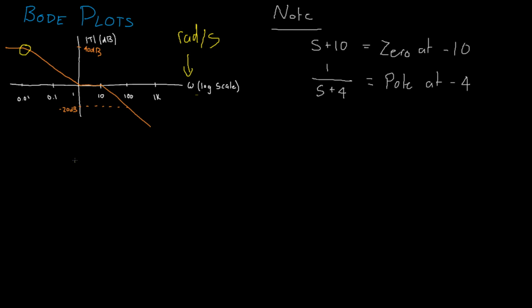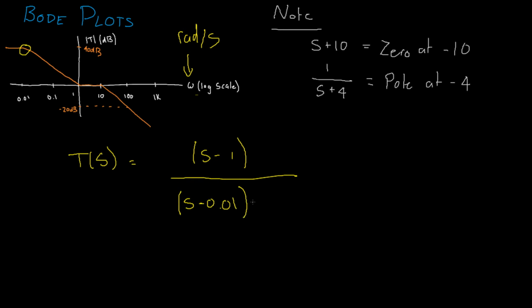If we were to write the transfer function of this system, T of s, we would write, firstly, all of the zeros, which is s minus 1, as there is only one zero at positive 1, divided by all of the poles, where we know there is a pole at 0.01, therefore s minus 0.01, and there's also a pole at 10, therefore we have s minus 10.